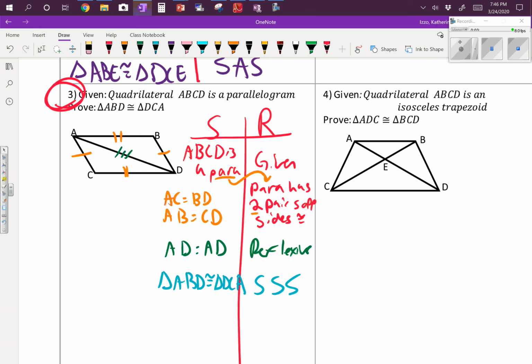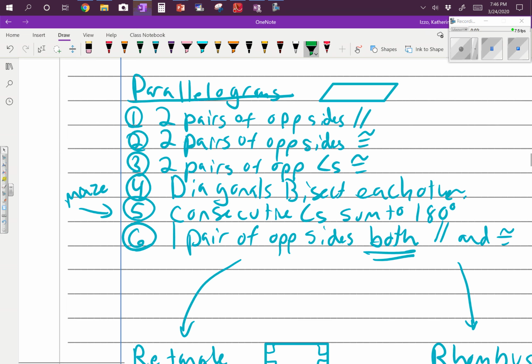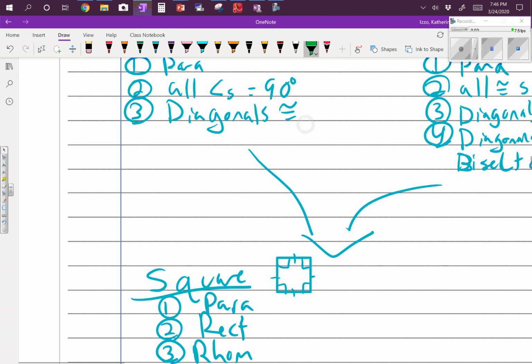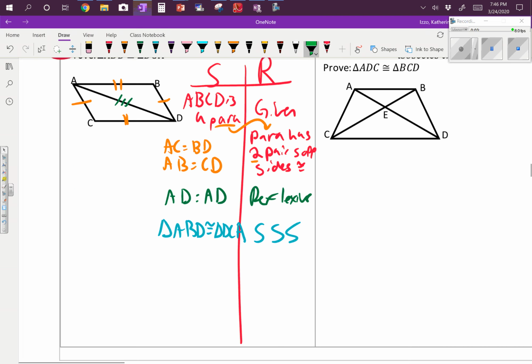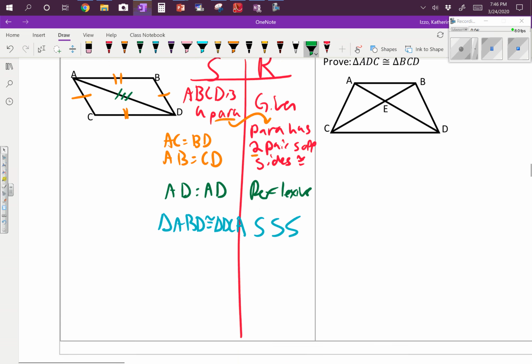You could also have used the next one. The next one says two pairs of opposite angles are congruent, in which case you would get that B and C are congruent to each other, and get some more angles in there. You could do this a lot of different ways. As I say, it's easier to just do it side, side, side. So let's take a look.